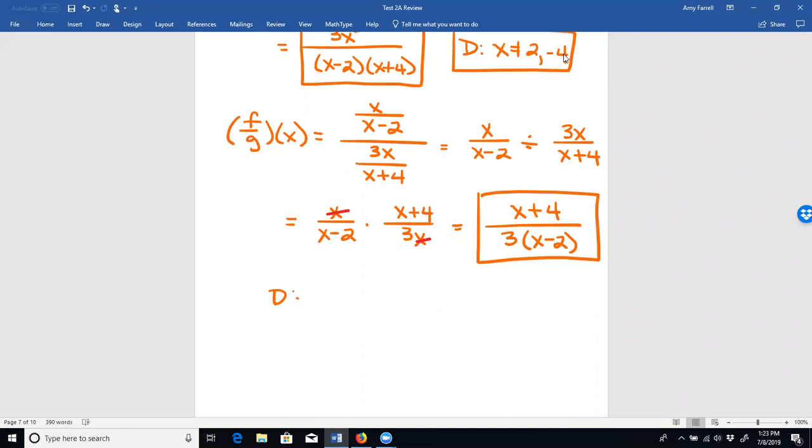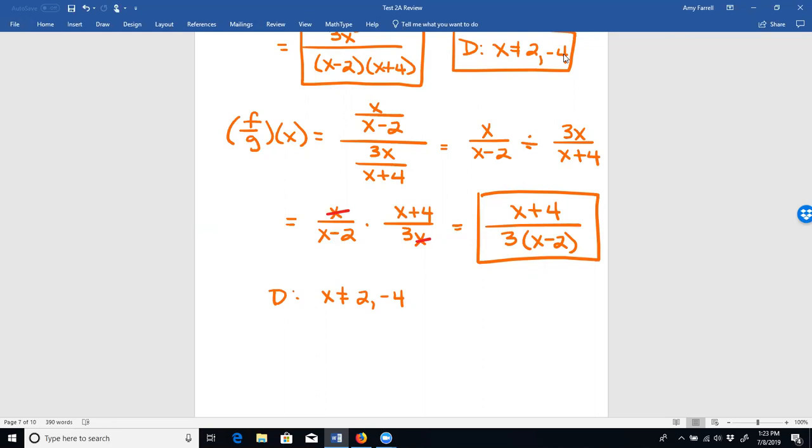To find the domain, it is the intersection of the domains of f and g, like what we were doing for the other three operations. But you also need to exclude the number that will make g of x equal to 0. So for the domain, we still don't want x to be 2 or negative 4, just as we did with the other 3.